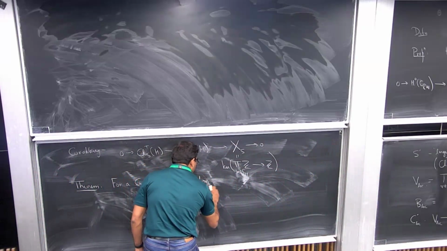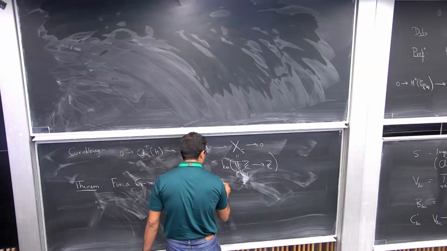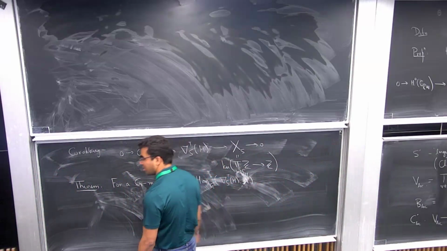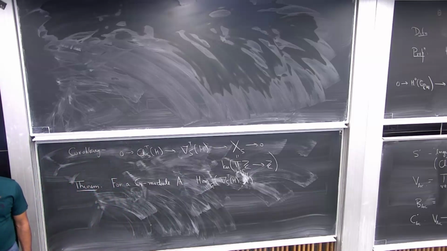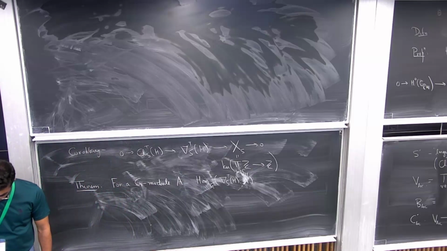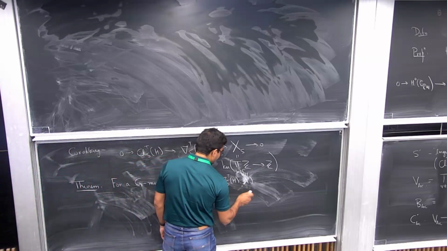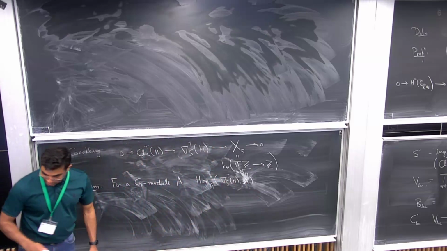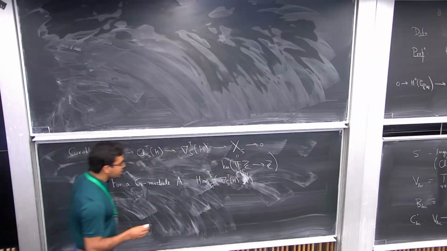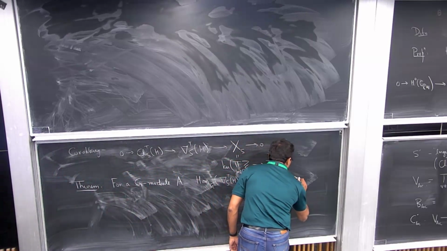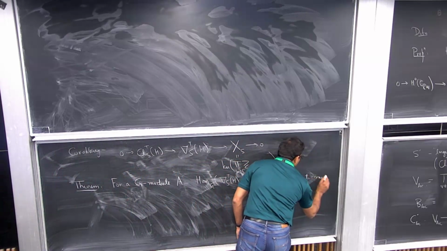All the continuous G homomorphisms from nabla to A, we want nabla or nabla minus. Let me write it then. So these are in one-to-one correspondence with tuples.